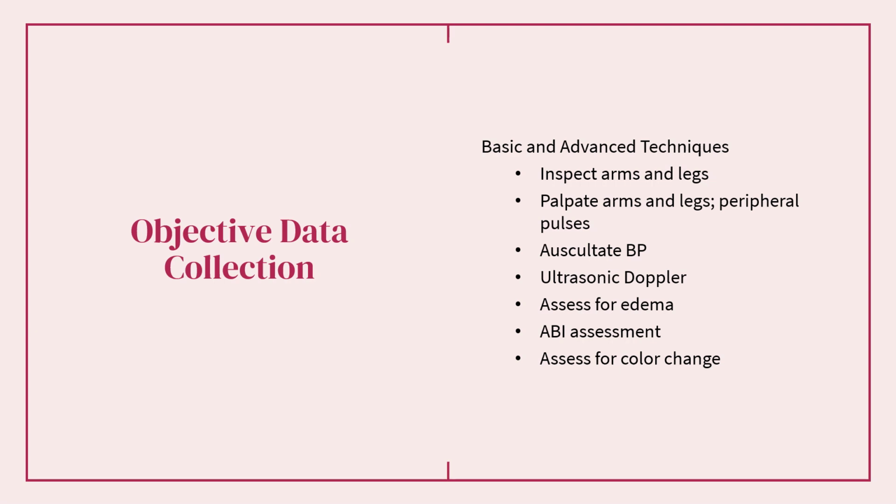Ankle brachial index, this is a key diagnostic tool where we are comparing ankle blood pressure to arm blood pressure, which is very NCLEX tested. So the normal ABI would be 1.0 to 1.3, and if it's less than that, we are thinking about peripheral arterial disease.